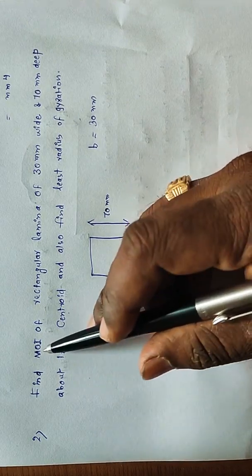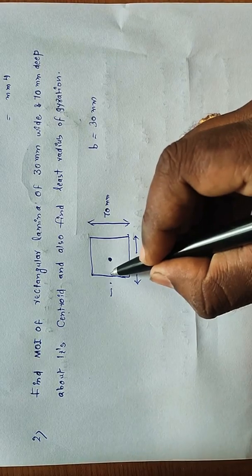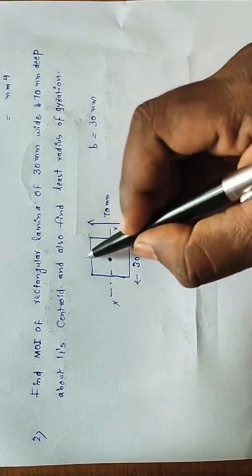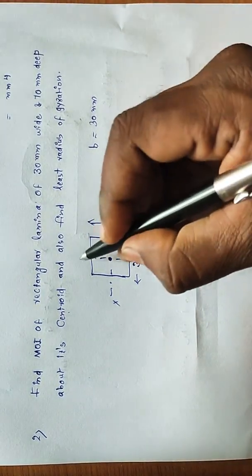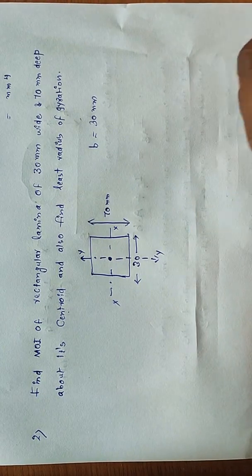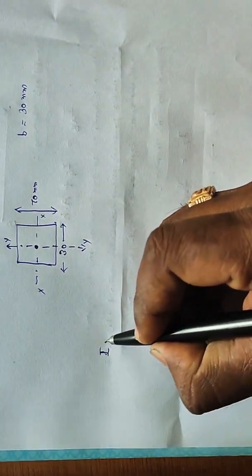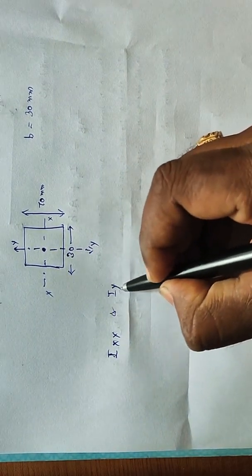We have to find the moment of inertia about its centroid. About its center we draw the x-axis and another axis, the y-axis. So we have to find the moment of inertia about the x-axis and about the y-axis.